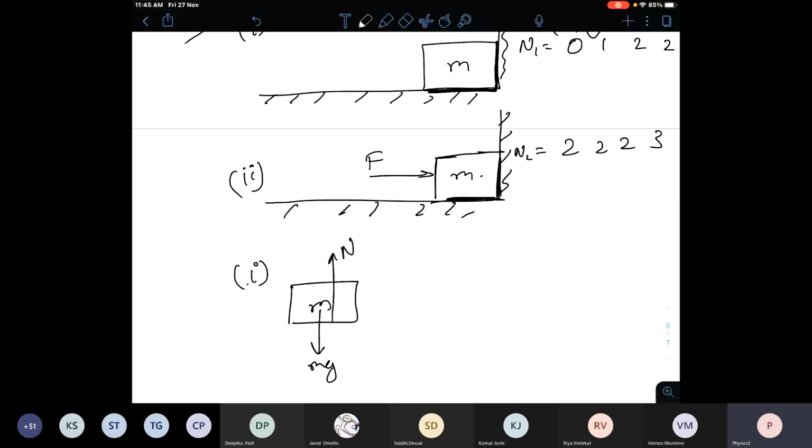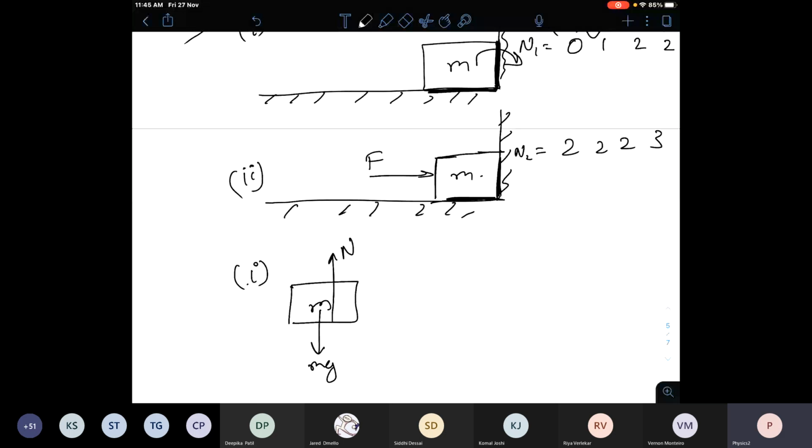But is there any action on the vertical wall? No, it is just in contact with it. It is not creating any force on this wall. So if there is no action, how can there be any reaction?